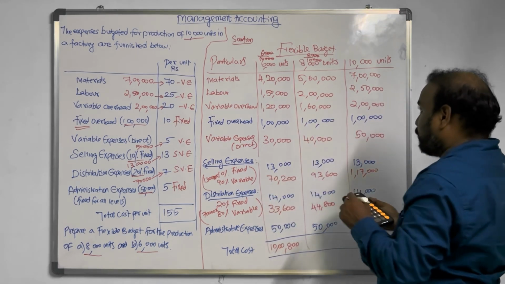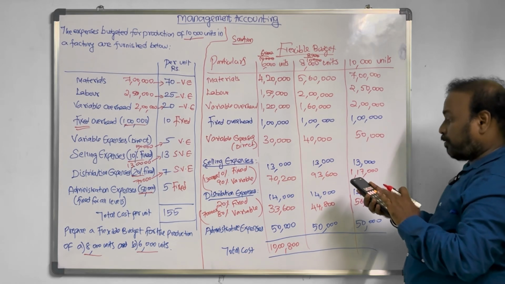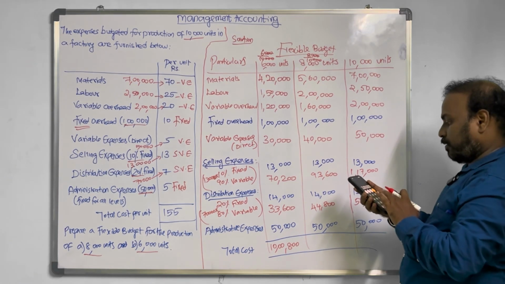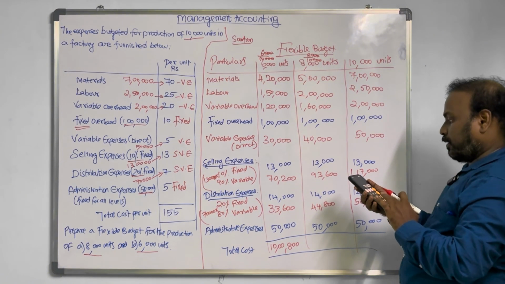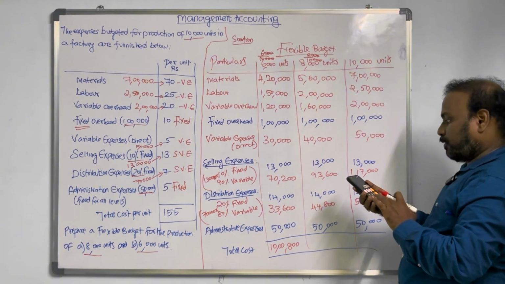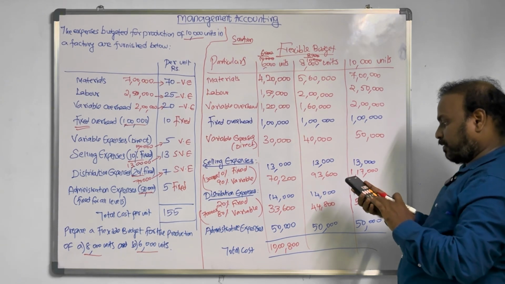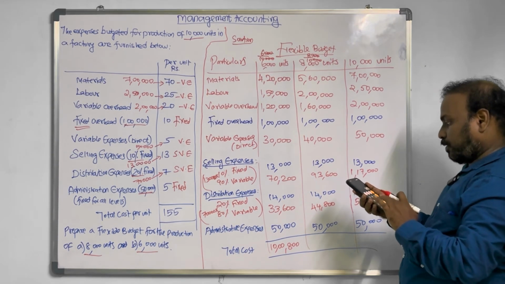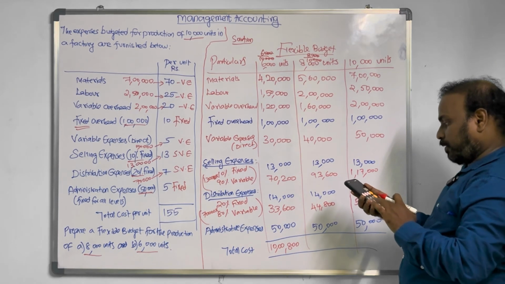Likewise, we have to find the total cost for 8,000 units: 5,60,000 plus 2 lakh plus 1,60,000 plus 1 lakh plus 40,000 plus 13,000 plus 93,600 plus 14,000 plus 44,800 plus 50,000.